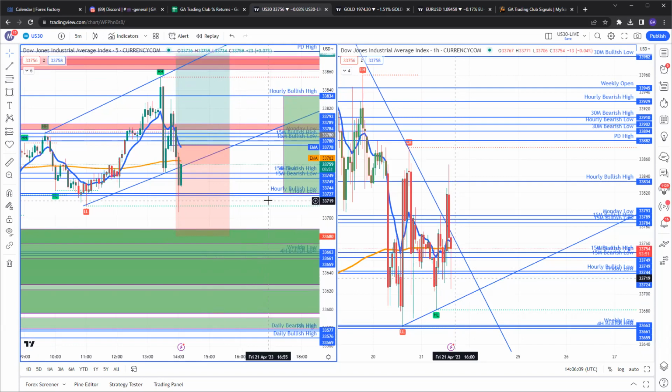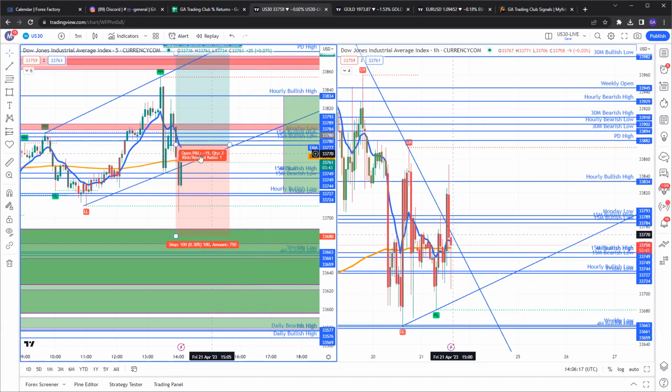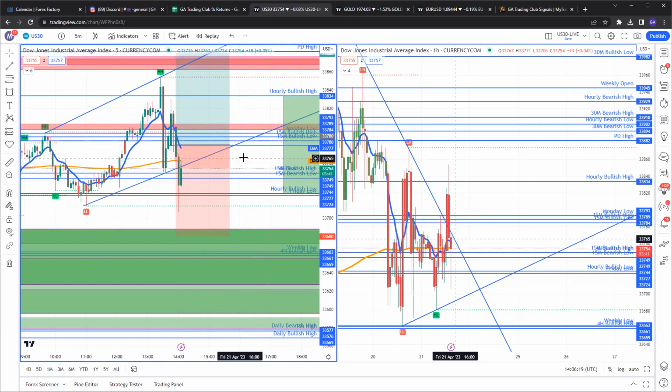So for this trade, let's see how this will close, because I see two possible scenarios. I do see us having to close this trade at break even and just waiting for that buy around 33,654. But let's see how this trade goes.